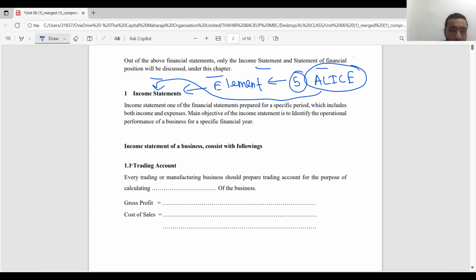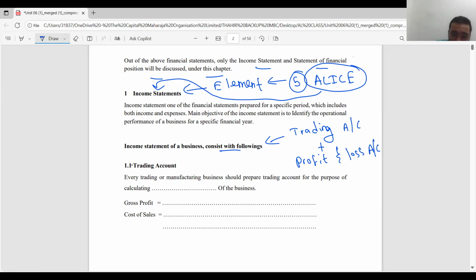Okay. Income statement of a business consists of the following. There are two things in the income statement. One is the trading account. The other thing is what? Profit and loss account. Right. Trading account and profit and loss account.